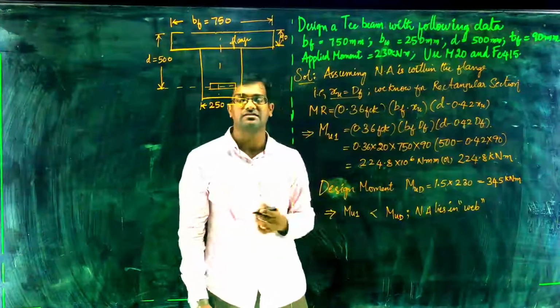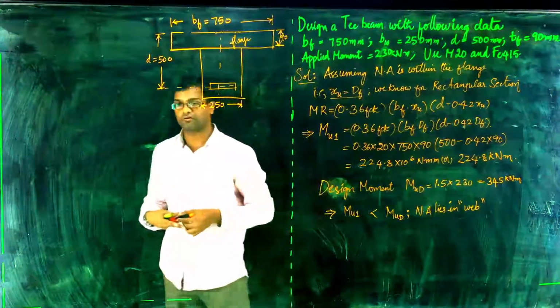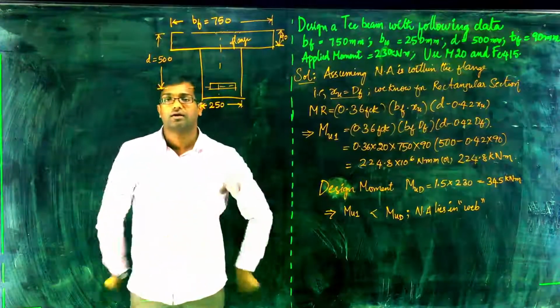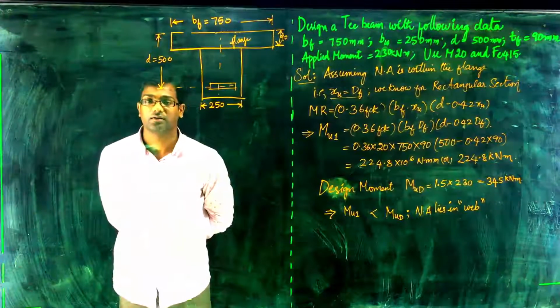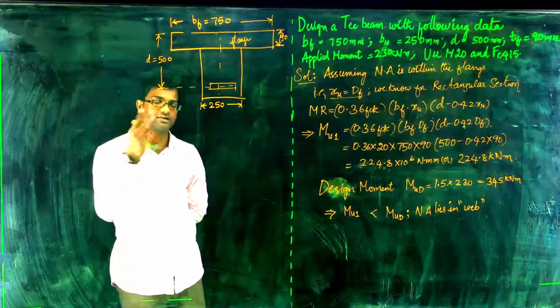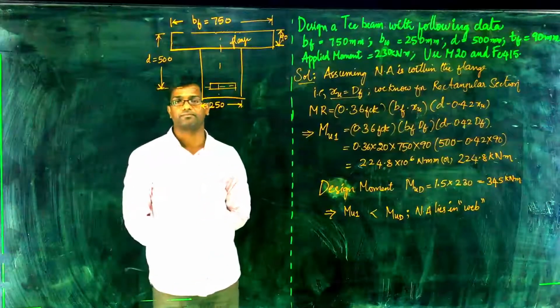When the neutral axis is lying in the web, you have to follow clause number G 2.1, 2.2.1 or 2.3. There are three clauses if it is in the web.